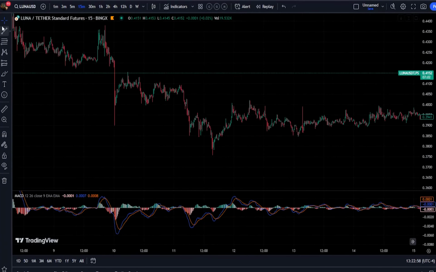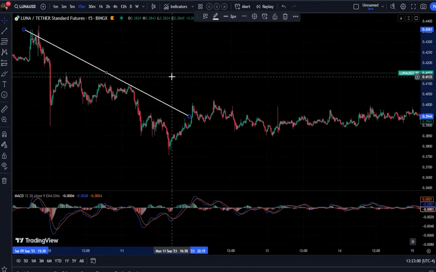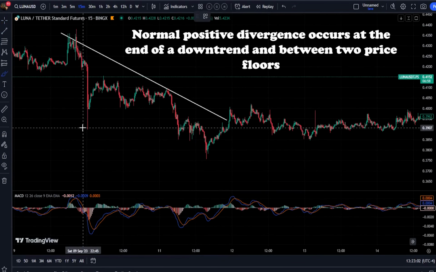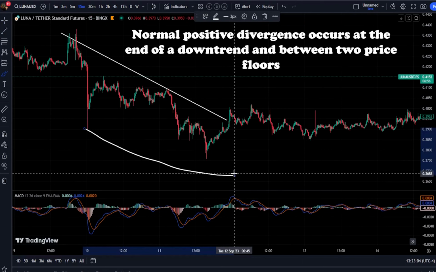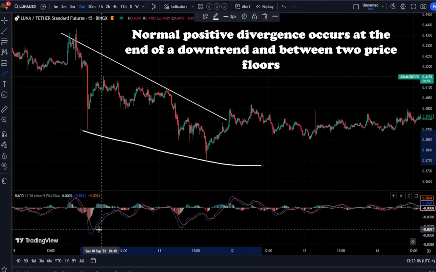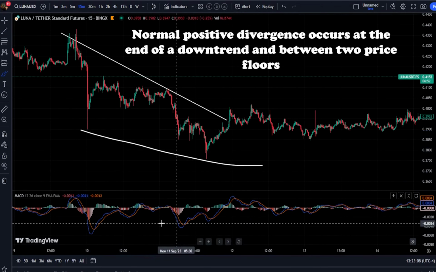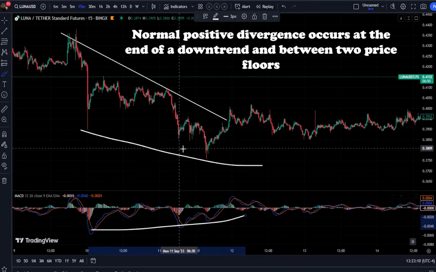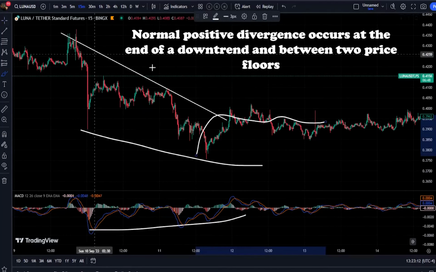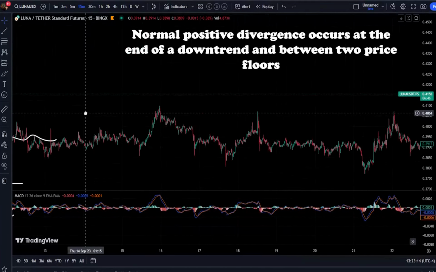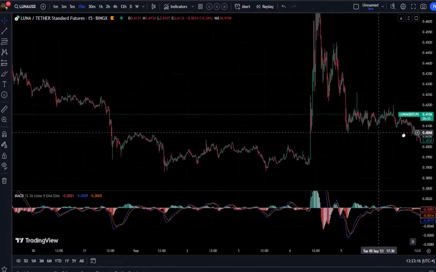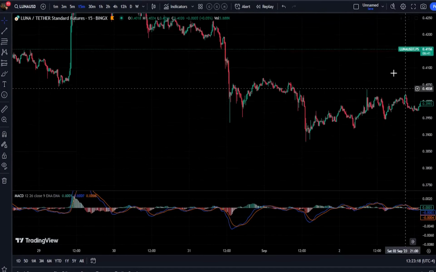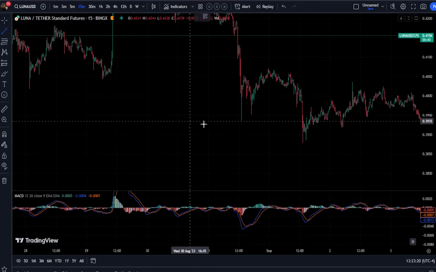Number 3. Positive normal divergence. Unlike the negative divergence, the normal positive divergence occurs at the end of the downtrend between the price flow. In this way, the price in the price chart makes a floor lower than the previous floor, but the indicator cannot recognize it.